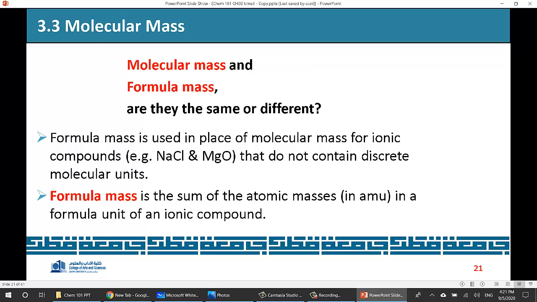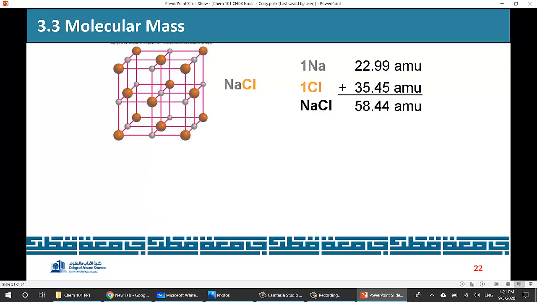For NaCl we just take 1 unit and we call it a formula unit, and therefore the mass we are calculating for that is called formula mass. Basically they are the same thing, but because ionic compounds are different in the way we deal with them, we don't usually use the word molecular mass for an ionic compound. We say the formula mass.